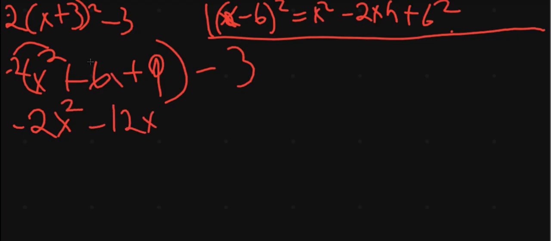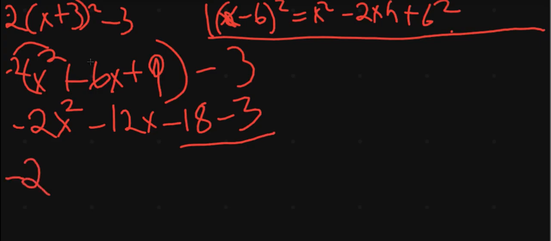My apologies, I forgot. The middle value will always have an x attached to it. Minus 12x minus 18 minus 3. Now let's combine like terms, and our final answer will be negative 2x squared minus 12x minus 21.